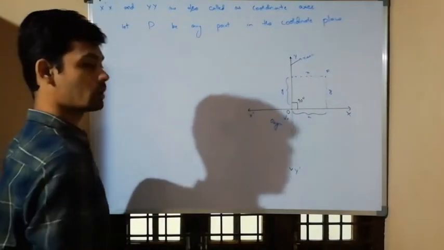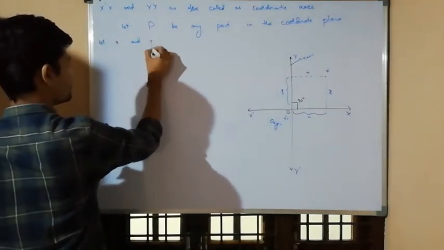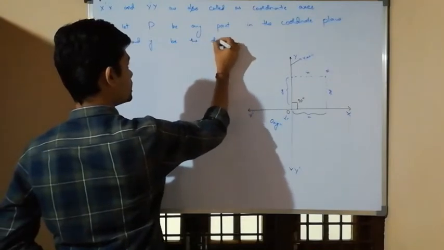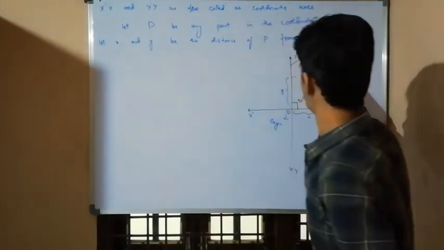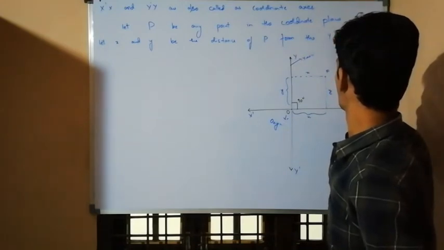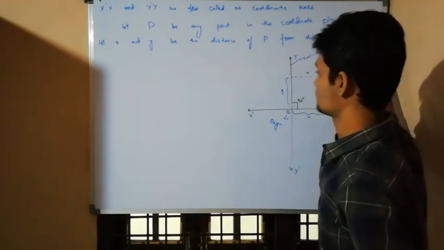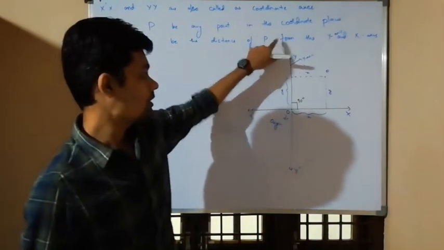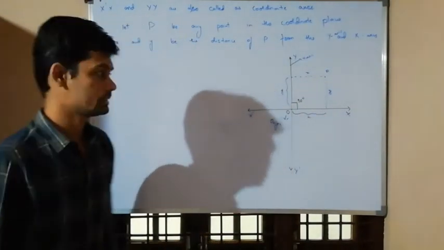Let P be any point in the coordinate plane. Let small x and small y be the distances of P from the y-axis and x-axis respectively. x is the distance of point P from the y-axis, y is the distance of point P from the x-axis.